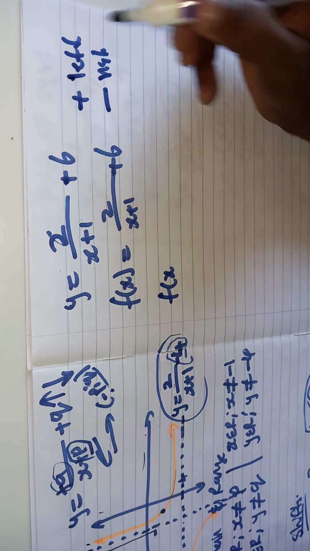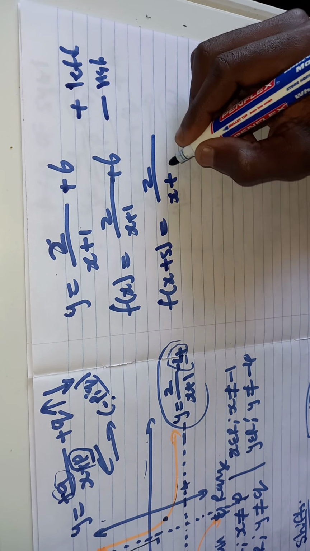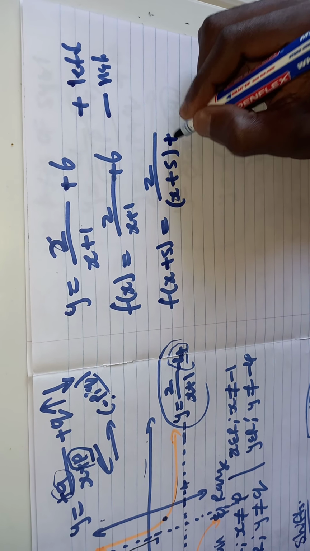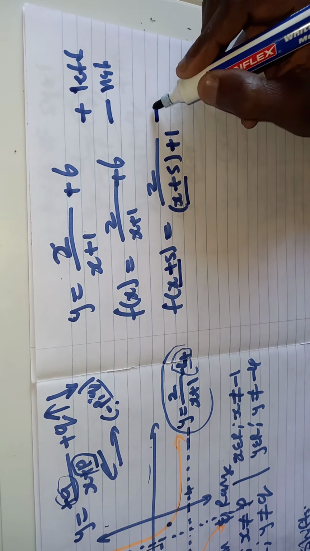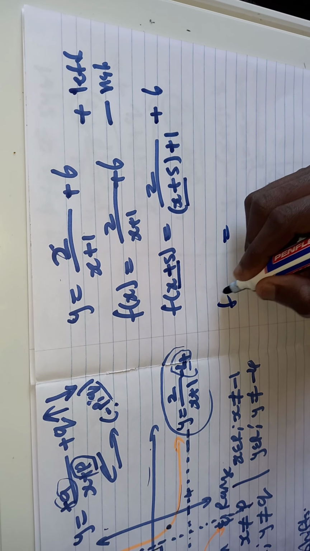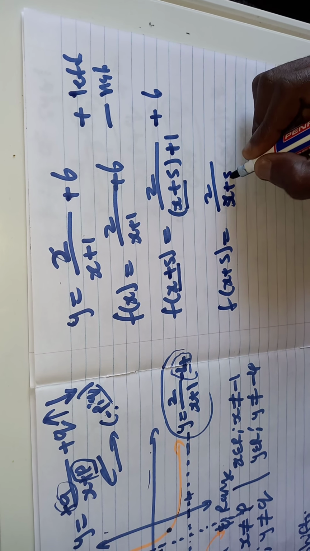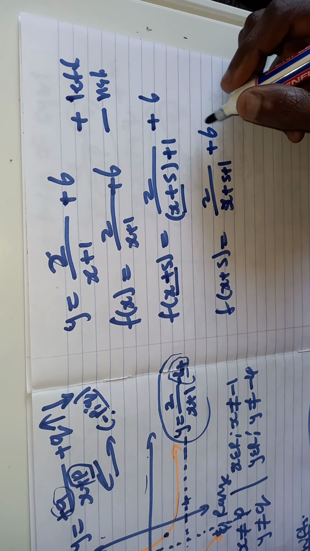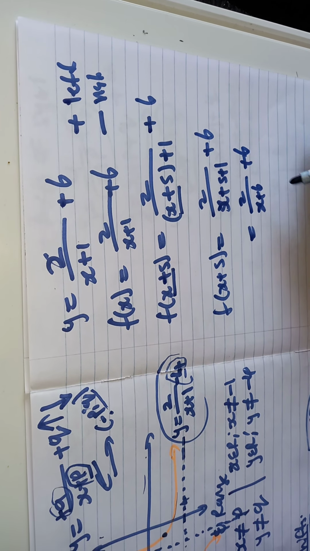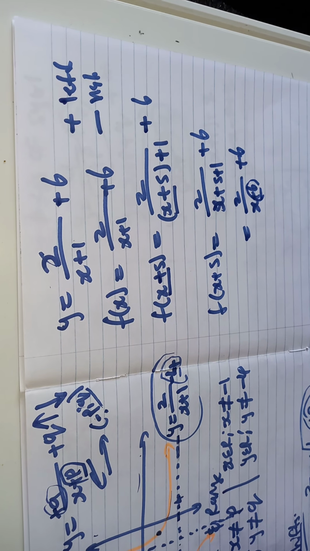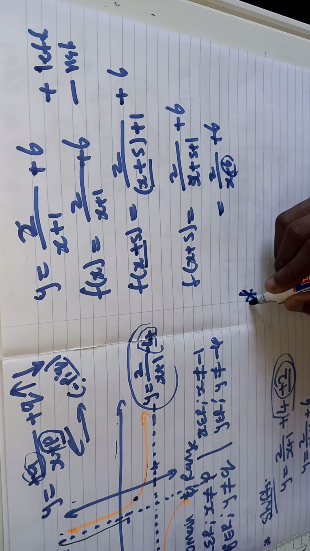So for 5 units left, we replace x with x plus 5, giving 2 over x plus 5 plus 1, plus 6, which is 2 over x plus 6, plus 6. So our new asymptote will change. For now, I think I'm done with shifting. What other transformations are there?